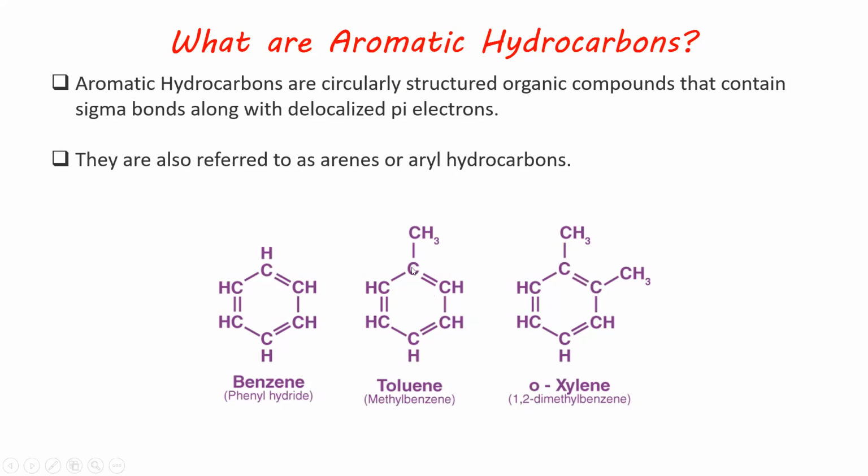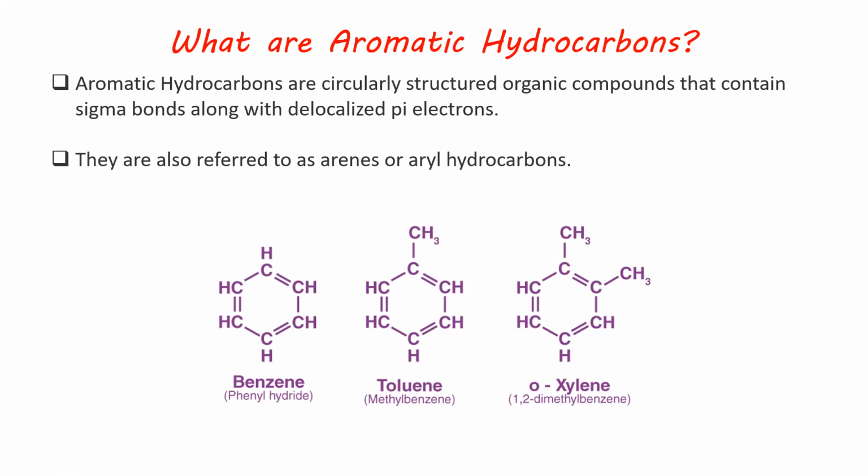Next is benzene ring with a hydrogen atom substituted with an alkyl group known as toluene, or it is also known as methyl benzene. Then you can see one more hydrogen atom is substituted with one more methyl group, which is known as orthoxylene or 1,2-dimethyl benzene. Now these hydrocarbons are known as arenes because most of them possess pleasant odor, the Greek aroma meaning pleasant smelling. Hence it is also known as aromatic compounds.